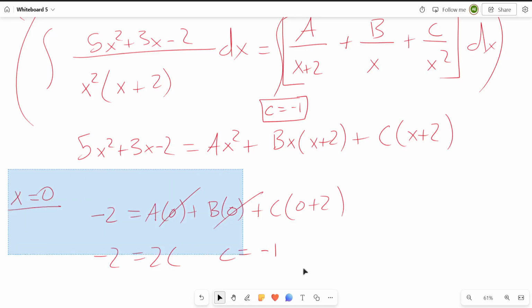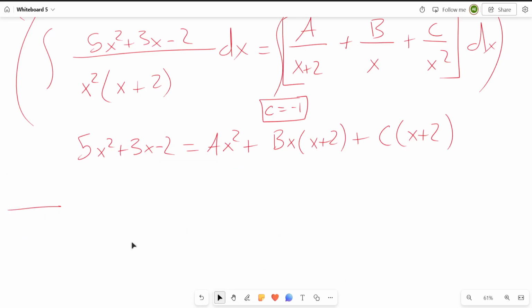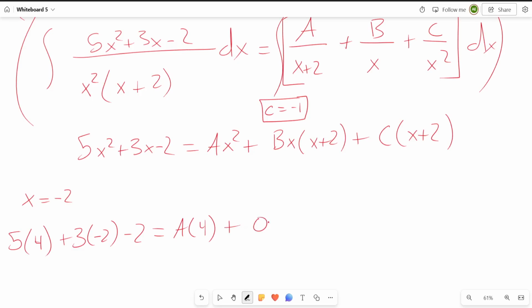Now, let's erase this and try to substitute something else to cancel one more factor. I can see that if I substitute x equal minus 2, this is going to cancel, this is going to cancel, this is going to become 0, this is going to become 0. So let's do that. X equal minus 2: 5 times minus 2 squared is basically positive 4, plus 3 times minus 2 equals a times minus 2 squared, which is times 4, plus 0, and the other term is also 0.